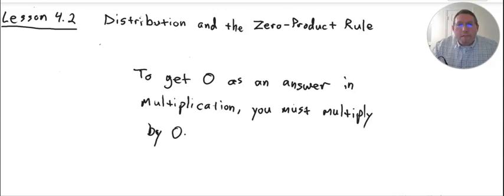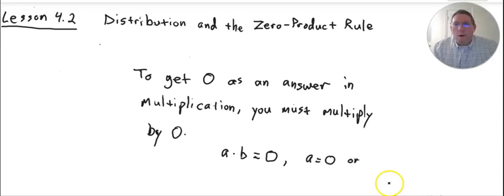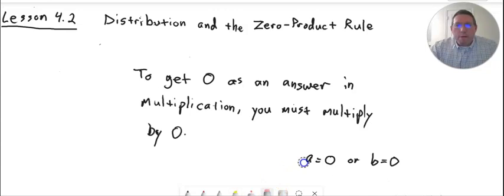But generally speaking, if I have some number A times another number B, if the answer to this multiplication is 0, then either A equals 0 or B equals 0. Has to be true. A equals 0 or B equals 0. Okay? All right, let's look at another circumstance.